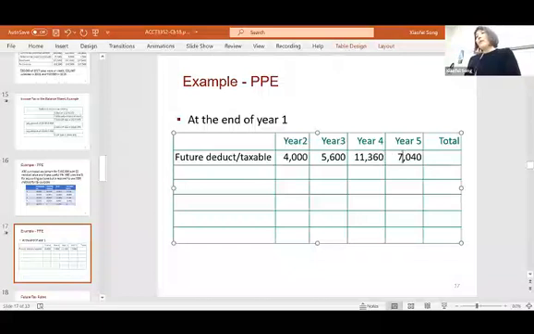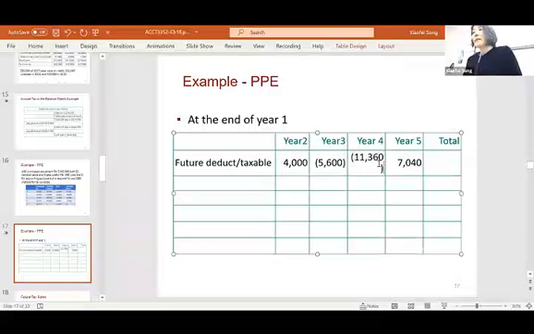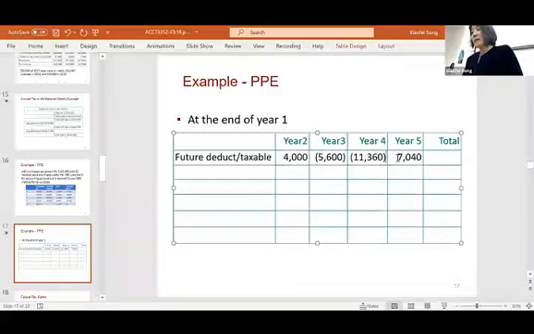And so these are future taxable amounts, because in the first year the difference originated, and in the second year the difference increased. Still, we deduct more for tax purposes than accounting purposes. It's in the third year that the reversal started, and the total of that should be 20,000.